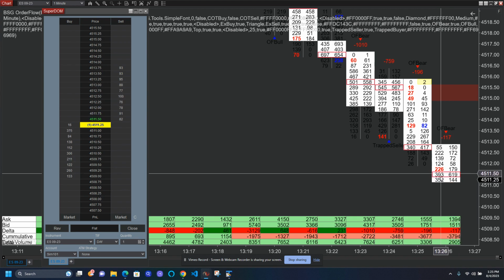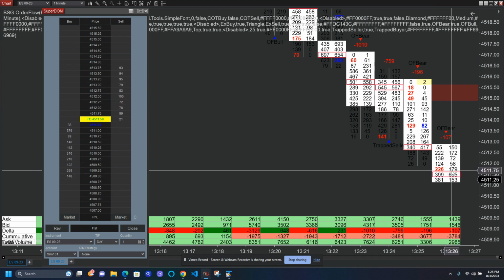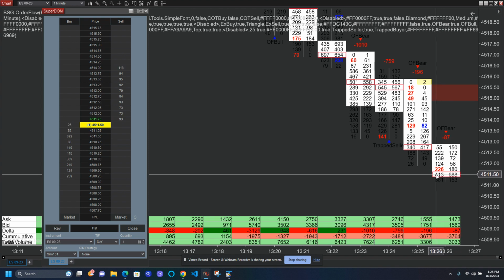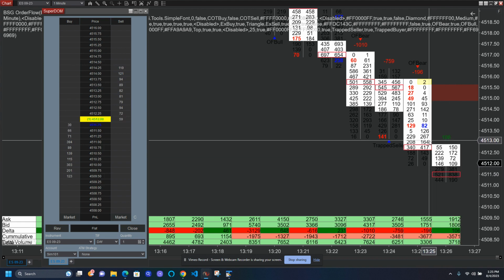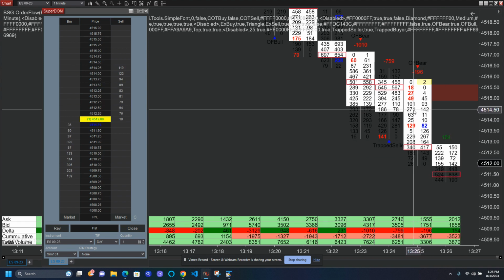That means the buyers and sellers are coming at an equal pace. Let's look at this number, 271, 142.